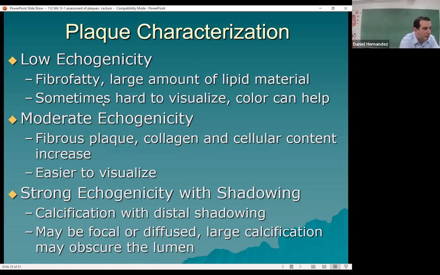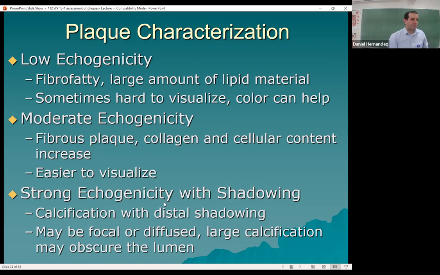Plaques that have moderate echogenicity are considered fibrous plaques. They're much easier to visualize. So these would be more hyperechoic. These contain collagen, more cellular content. And then we have echogenic plaques. Some of these would be considered the calcified plaques that create that posterior shadowing.